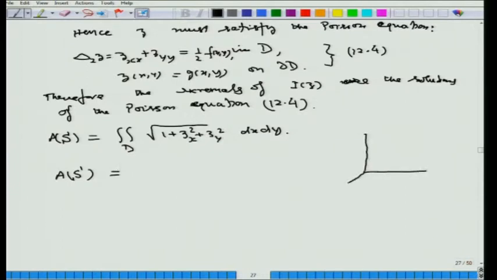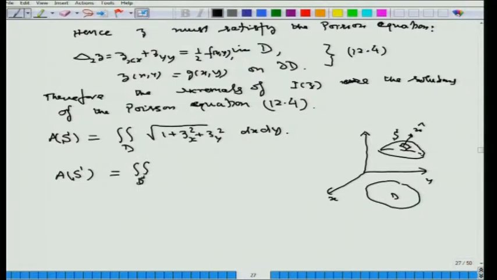The situation is like this: on this domain D we have this surface S, and this element area d s, with n cap here, over S. This d s is the surface area element, and we have seen that this can be written as the integral over S of the absolute value of n cap d s, which, if we use the parameters u and v, we know that now.